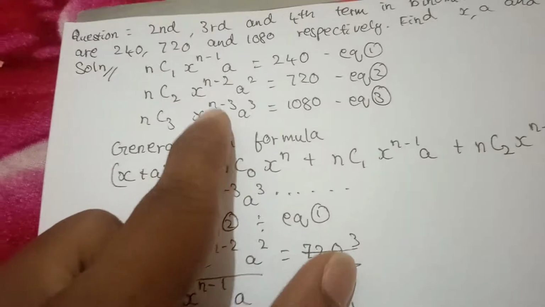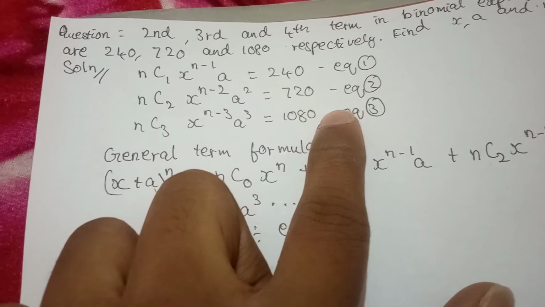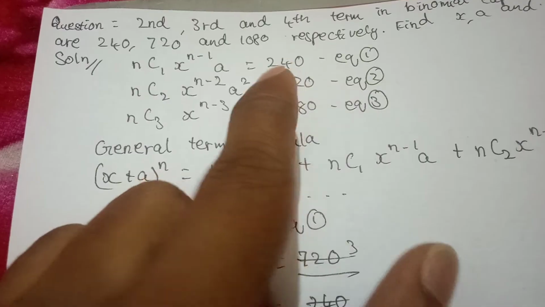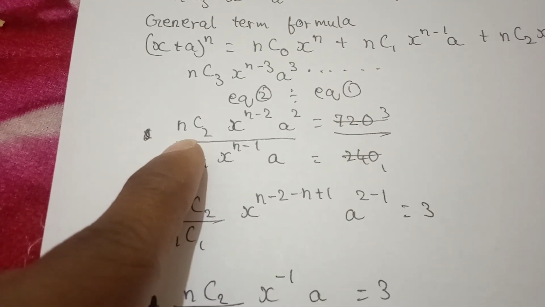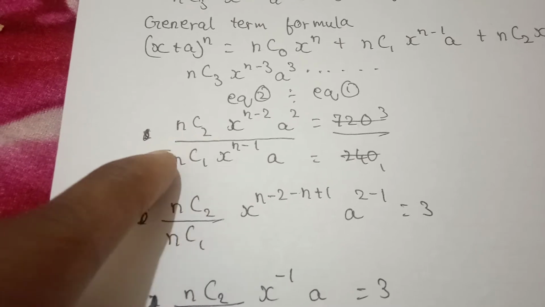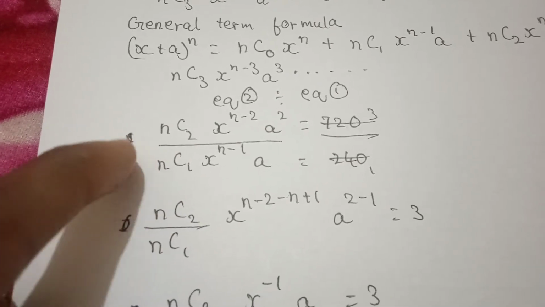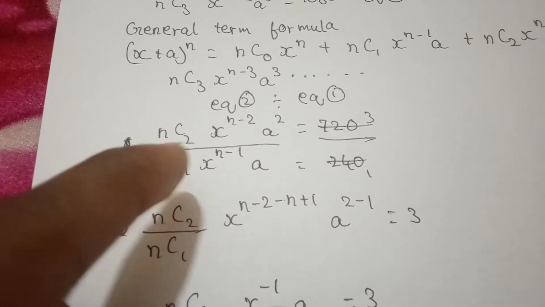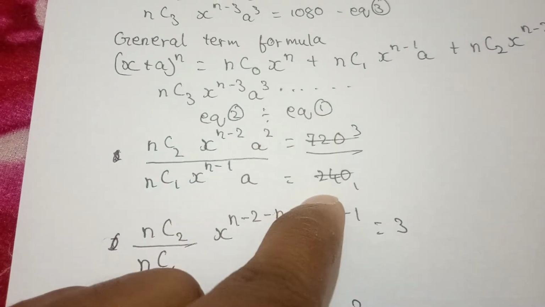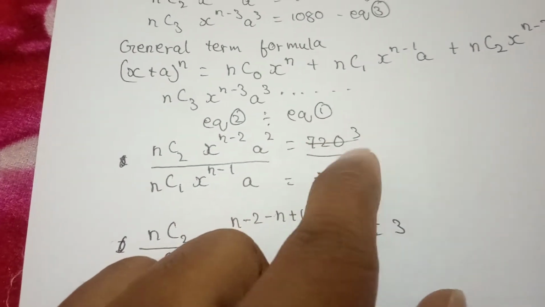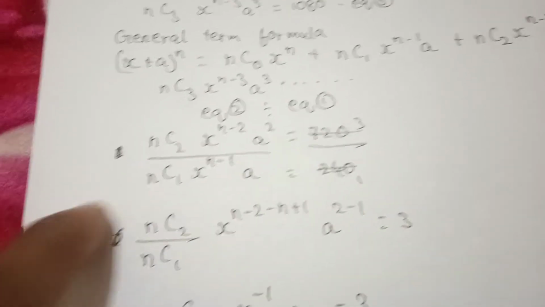And then from these three equations, we should take the second equation and divide it by the first equation. Then we'll get nC2 x^(n-2) a square divided by nC1 x^(n-1) a, equal to 720 divided by 240. And 240 multiplied three times is 720.